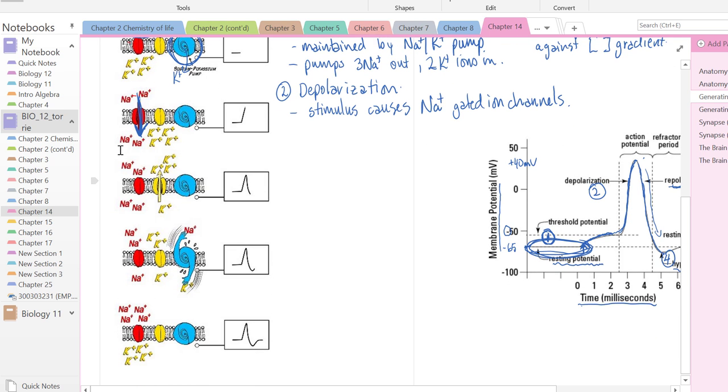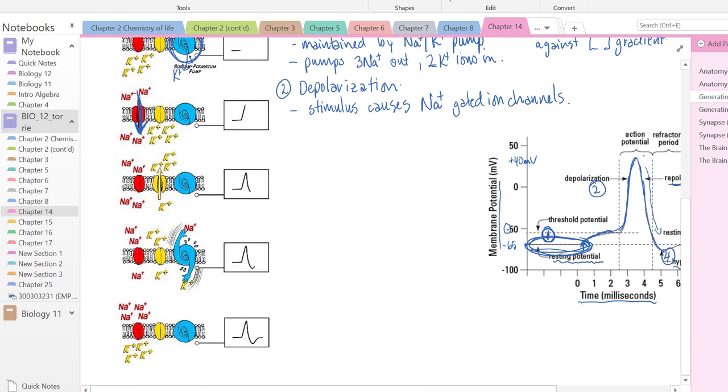But in the case of depolarization, the beginning of the action potential, a stimulus causes these sodium-gated channels to open. We get an influx of sodium ions, traveling down the concentration gradient.